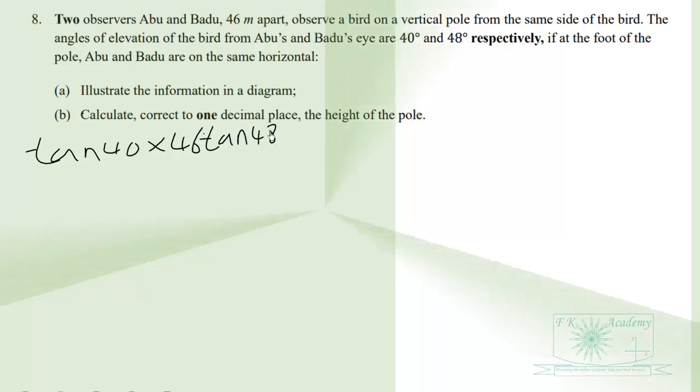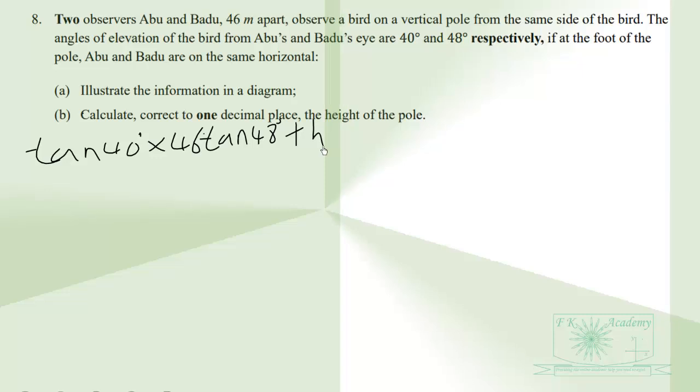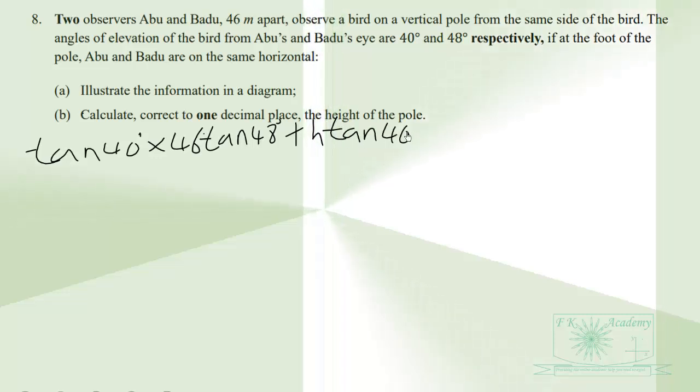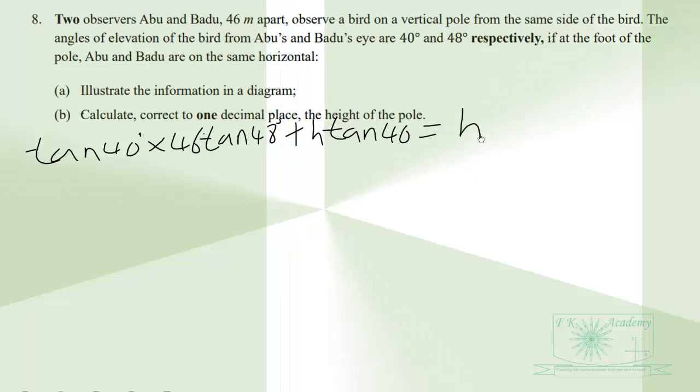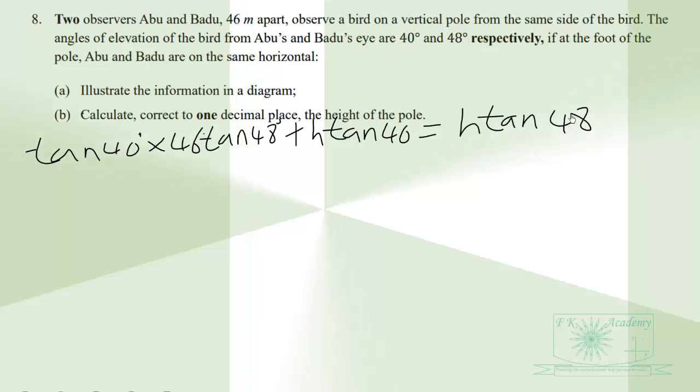Then they are all in degrees, so 40 degrees. Then we have plus h tan 40 is equal to h times tan 48. So this can come here to subtract.